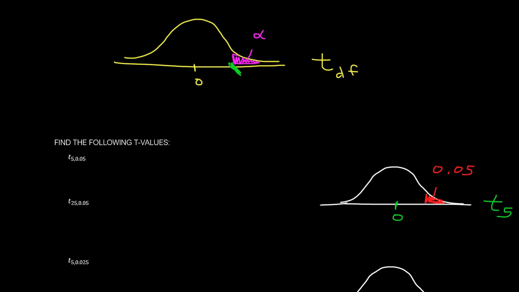So we've drawn the scenario here that this is describing. What we want to find is the tick mark right there, that blue tick mark that distinguishes this region. So we have a t table.